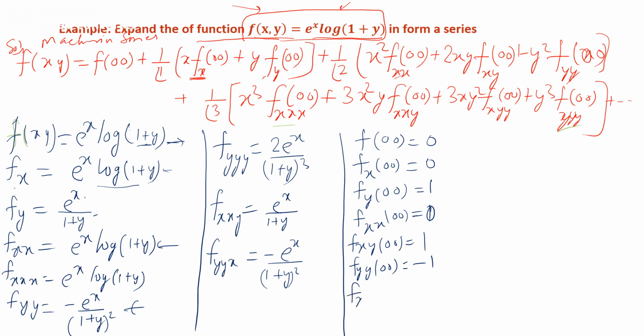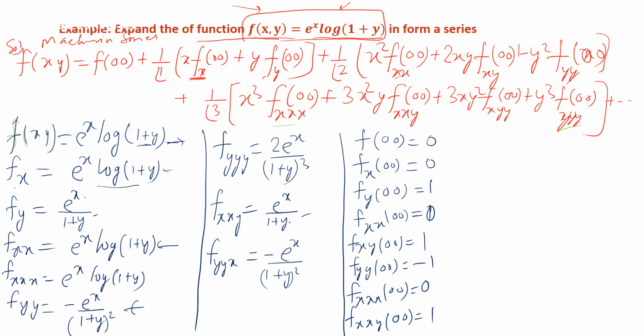F_xxx at (0,0), we get 0. F_xxy at (0,0), what we get, if we put x replaced with 0 and y replaced with 0, we get 1.